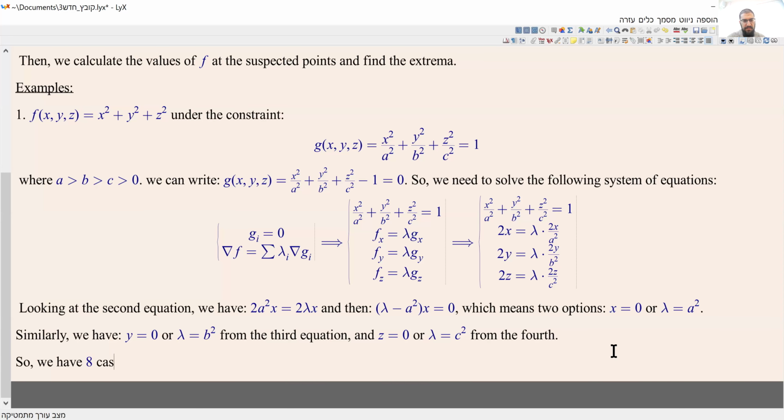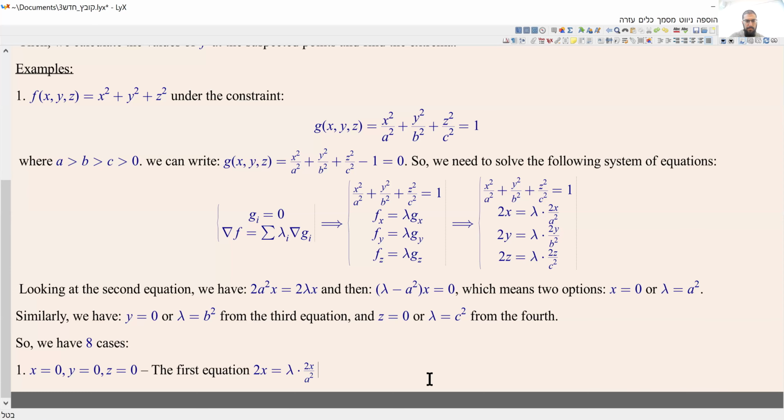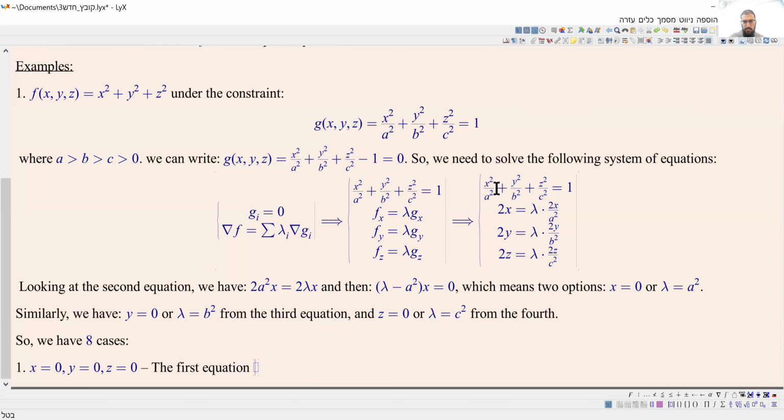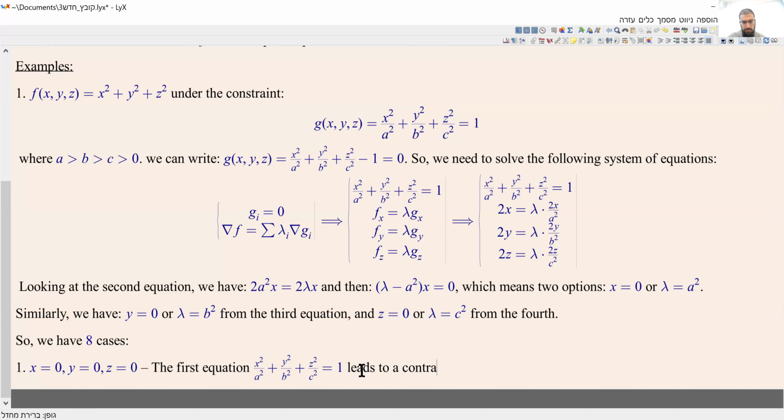It doesn't comply. First equation leads to a contradiction.